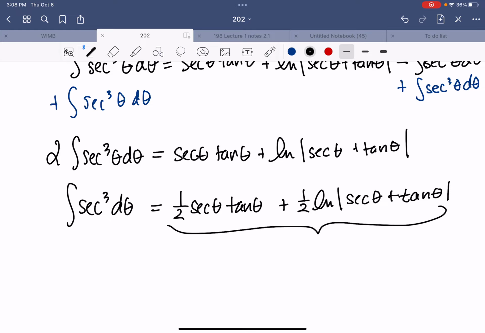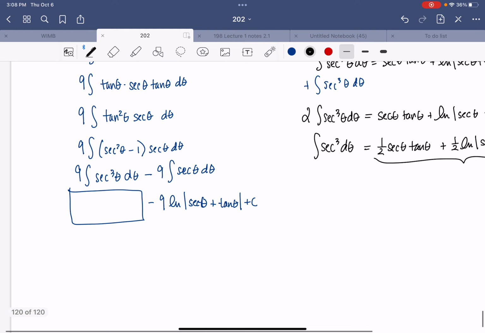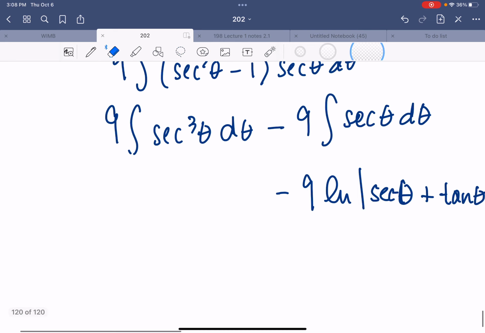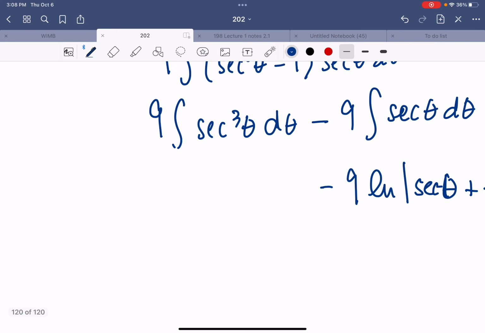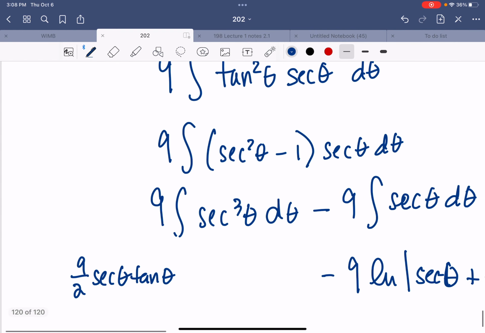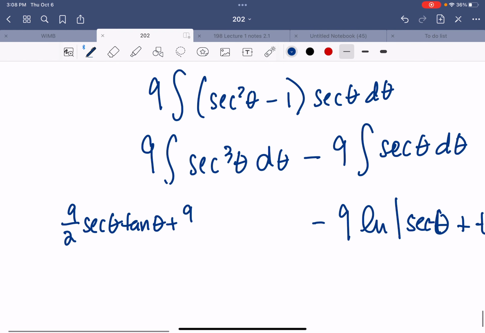And this, we're going to plug in over here. So we're going to take that back over here, and we're going to multiply it by 9. I need a little bit of space, so we're going to put it in this spot right here. So this is 9/2 secant theta tangent theta. Was it plus or minus? It was plus. So plus 9/2 the natural log of secant theta plus tangent theta.